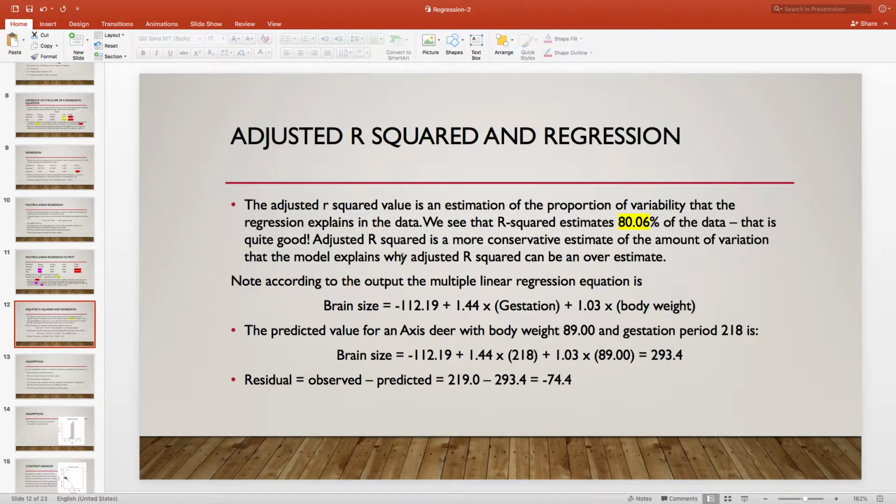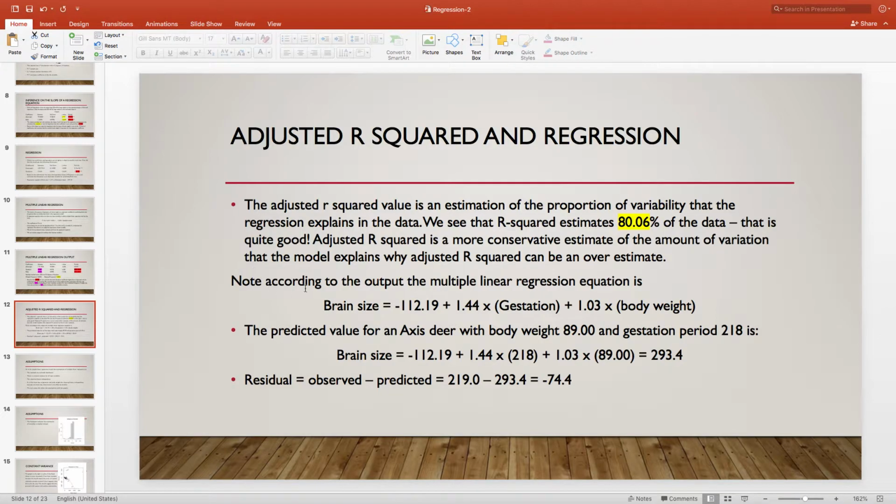And that's to account for the fact that sometimes you can include too many variables in regression. When you include more variables, it's possible that you might have chance correlations. Okay, and I won't go into any more detail than that. So adjusted R squared tries to adjust for this and provide a more conservative estimate.